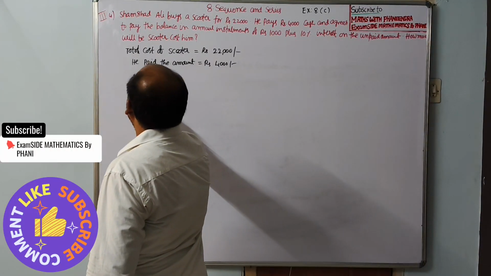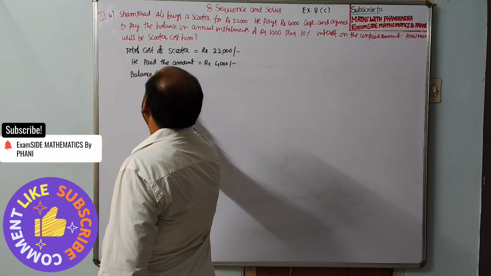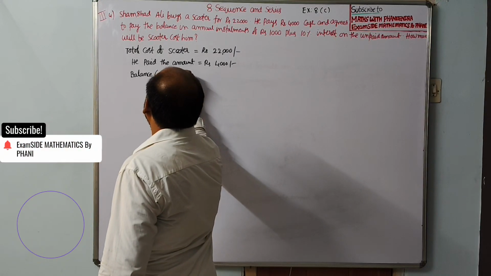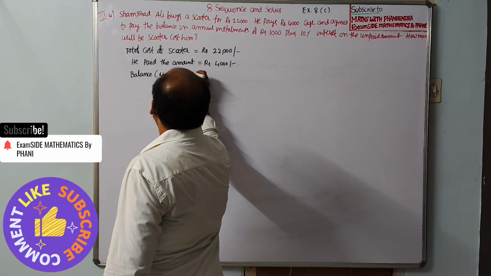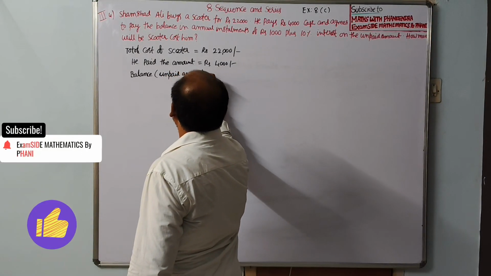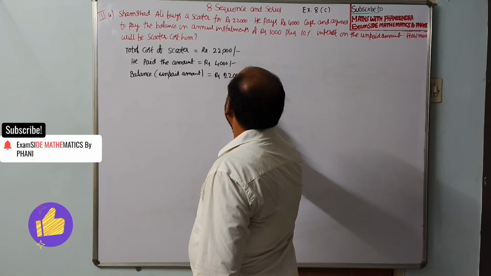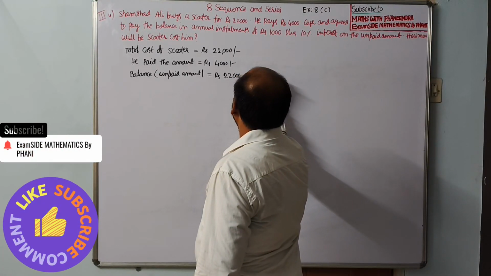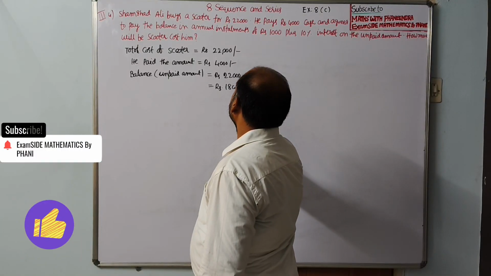So the unpaid or balance amount is equal to 22,000 minus 4,000, which is equal to 18,000.